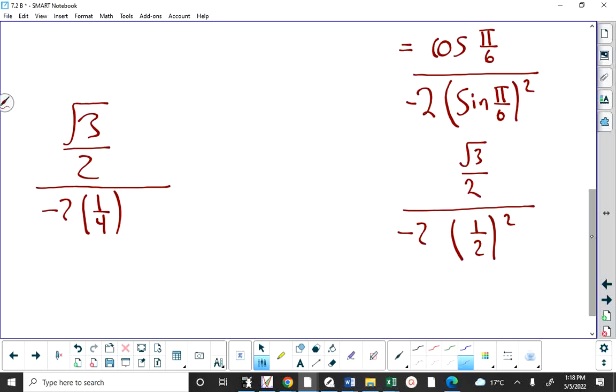Negative 2 times 1/4 is negative 1/2. Multiply top and the bottom by 2. You'll get root 3 over negative 1, which is negative root 3. I don't want to bamboozle you into believing that the simpler way involves no work. You still have to understand how to determine these trig ratios.